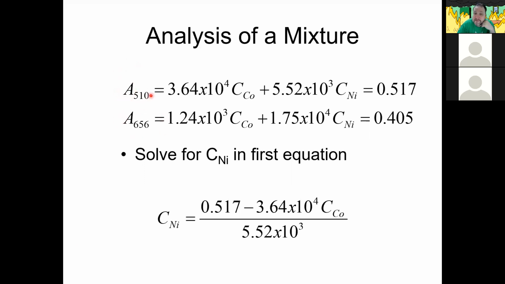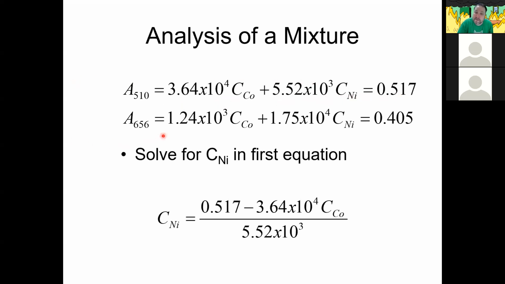We see the absorbance at 510 is equal to the absorbance of the cobalt and the absorbance of the nickel. And we've expanded that to say that we're looking at the absorptivity of the cobalt times the cobalt concentration plus the absorptivity of the nickel times the nickel concentration is equal to 5.17.